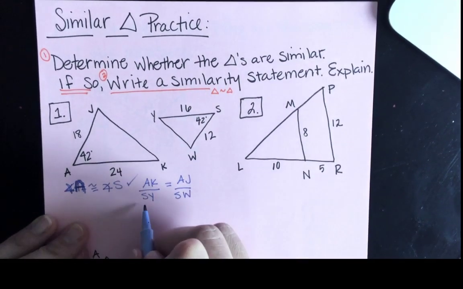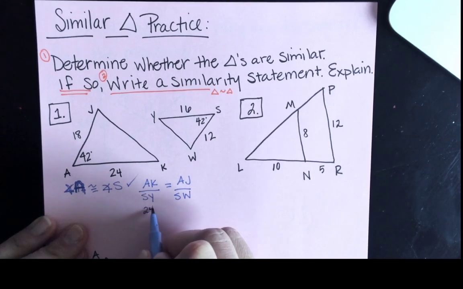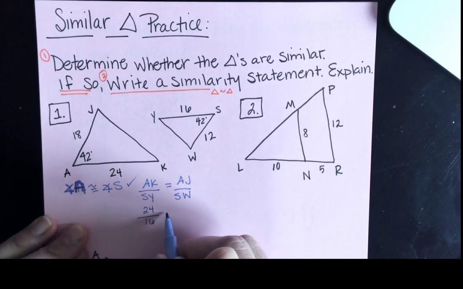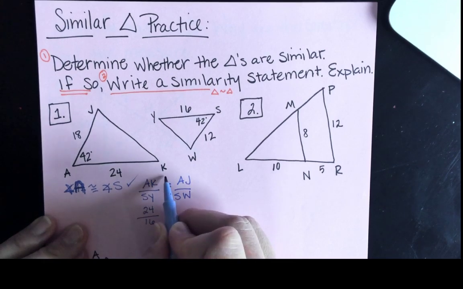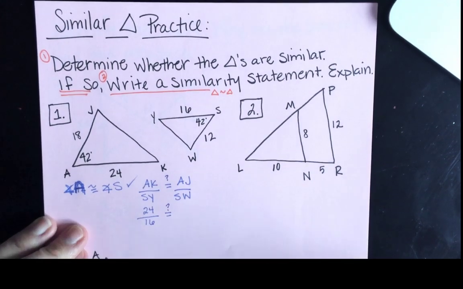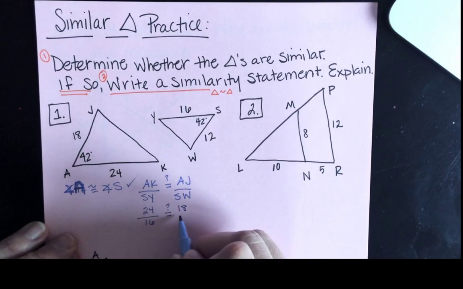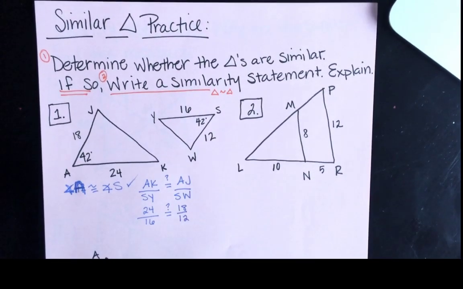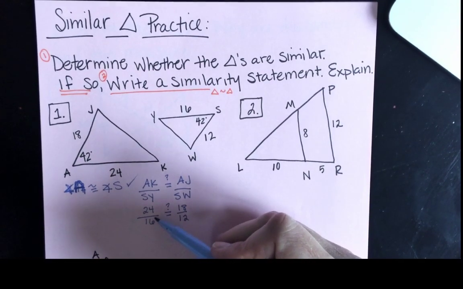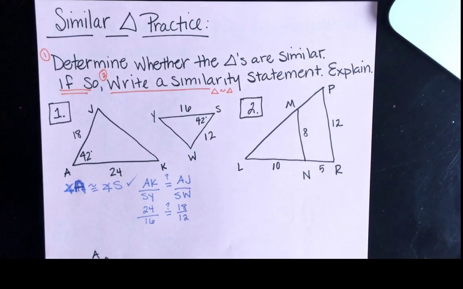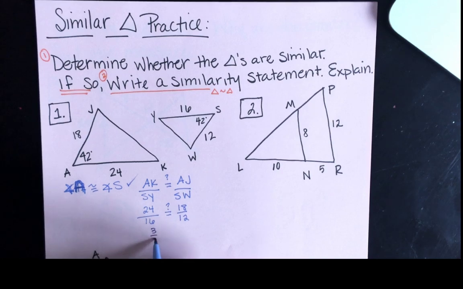So what I want to check is, are they in proportion: 24 over 16 the same as 18 over 12. If I reduce this by 8s, 24 over 16 does reduce to 3 over 2.